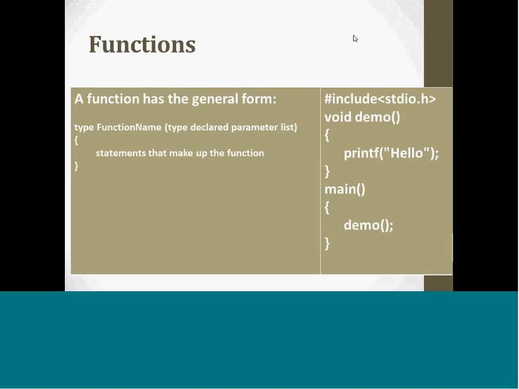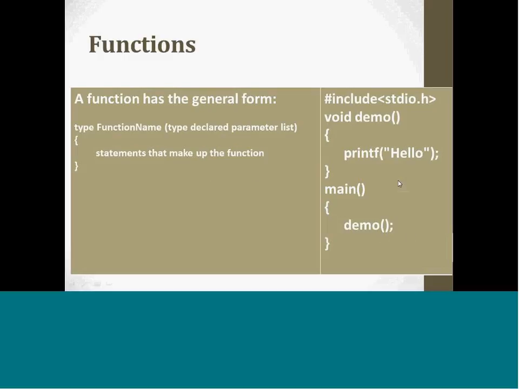When you want to repeatedly use it, you simply call the name of the function. The function has a format like this. On the left side, it has the type of the function with the name, and you pass parameters to the function. This is the main part of your function, the statements you want the function to do when called. So that's the format of the function.